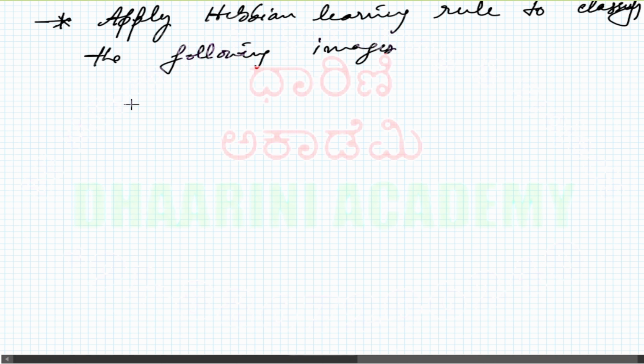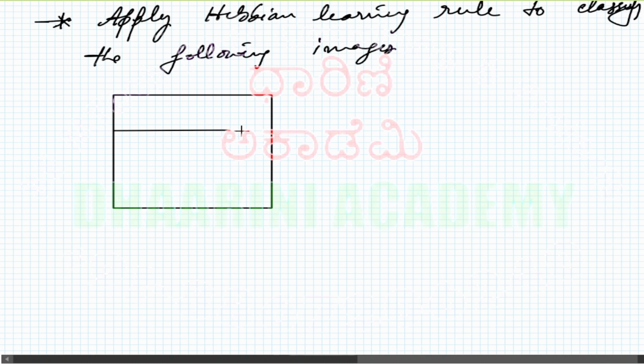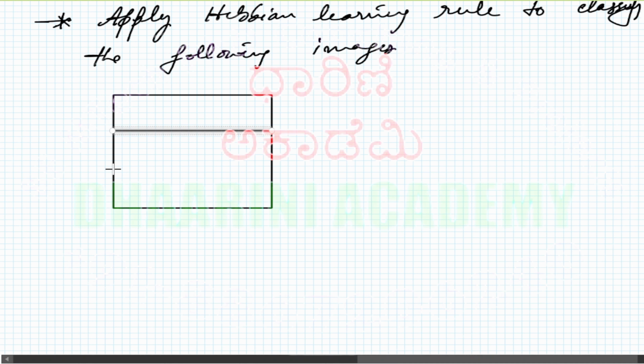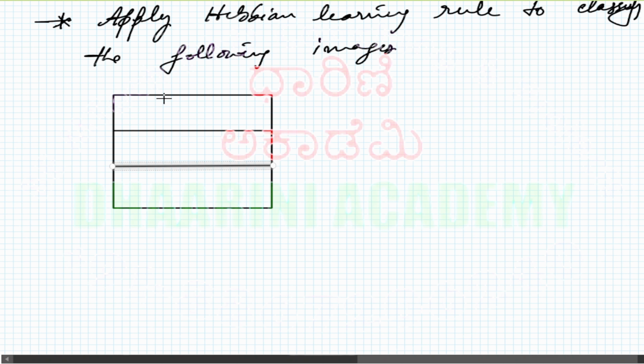Let's assume that these are the two images. Each image is 3 by 3, so there are 9 pixels in each image. Each cell we see here is a pixel.